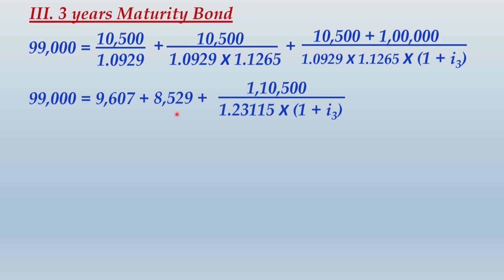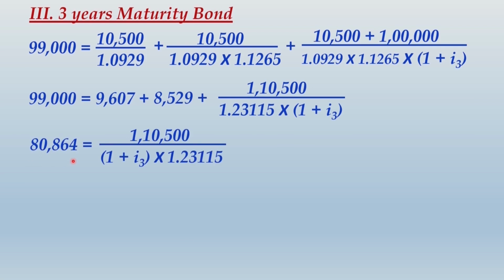Now, what you would do is take both of these values to the left hand side. Obviously, aggregate of these two will get subtracted from 99,000, resulting into 80,864, and this third term in the right hand side remaining as it is.